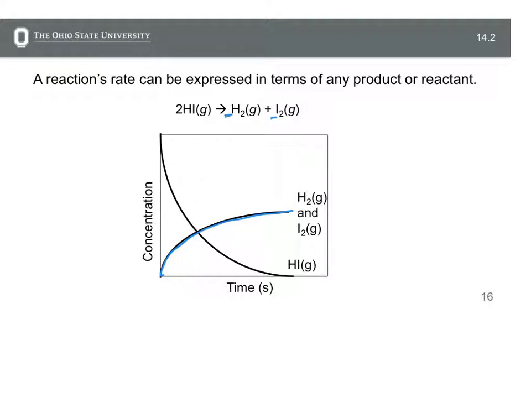Not only do they have very similar rates, so the rate of formation of I2 is the change in concentration of I2 over the change in time, but they look the same in their curves. That doesn't mean that there's only one product being formed, it just means that there's two lines over top of each other.